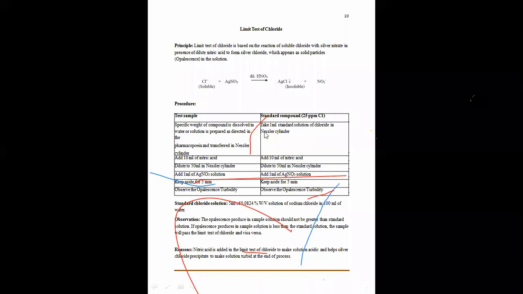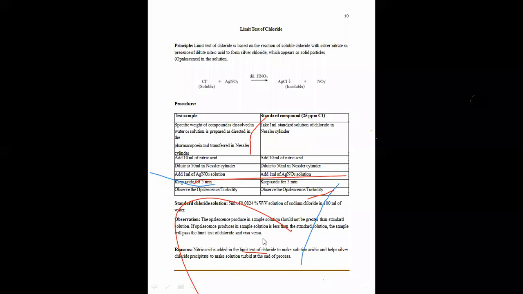Now what is the observation? We are going to compare both the solutions: the solution prepared from the test sample and the solution which we have taken in the standard sample. So we are comparing both the results. Now we know the test sample also contains chloride ions, and in the standard solution we have added chloride ions purposefully. So both solutions give opalescence.